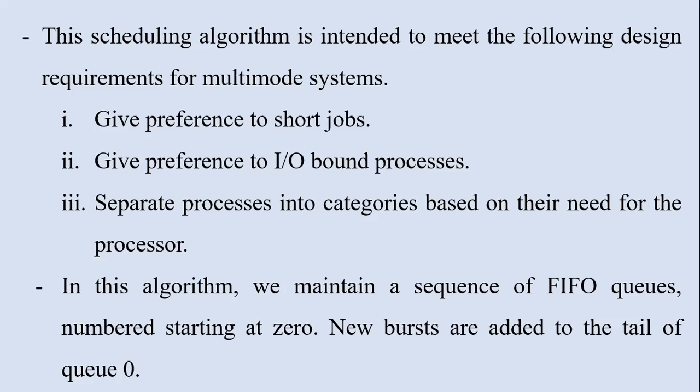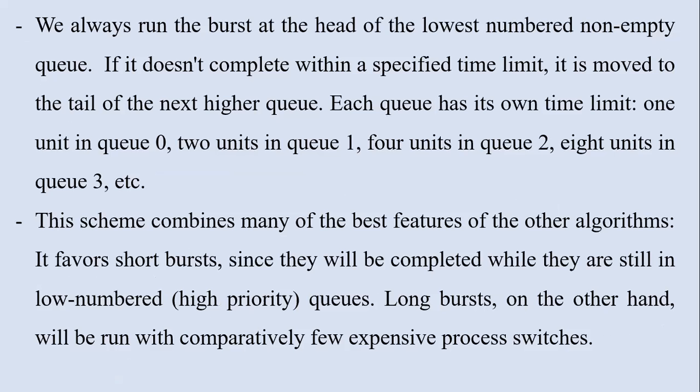New bursts are added to the tail of queue 0. We always run the burst at the head of the lowest numbered non-empty queue. If it doesn't complete within a specified time limit, it is moved to the tail of the next higher queue. Each queue has its own time limit: 1 unit in Q0, 2 units in Q1, 4 units in Q2, 8 units in Q3, etc.